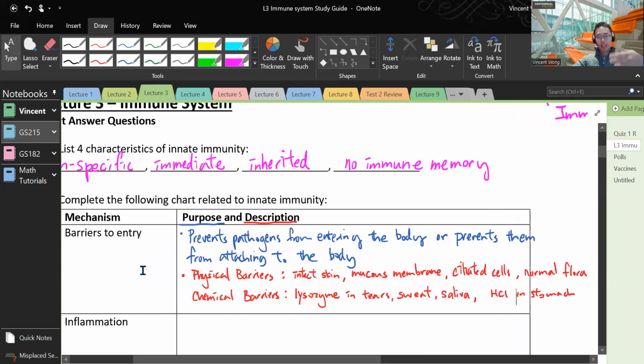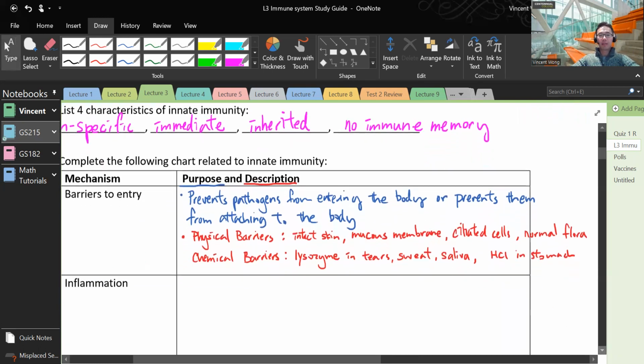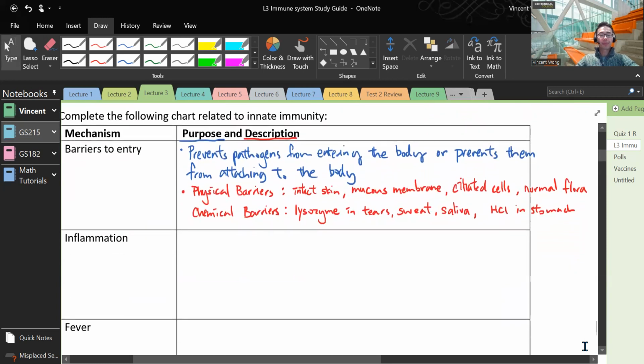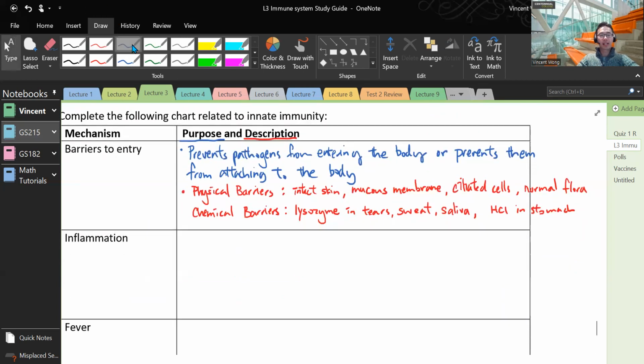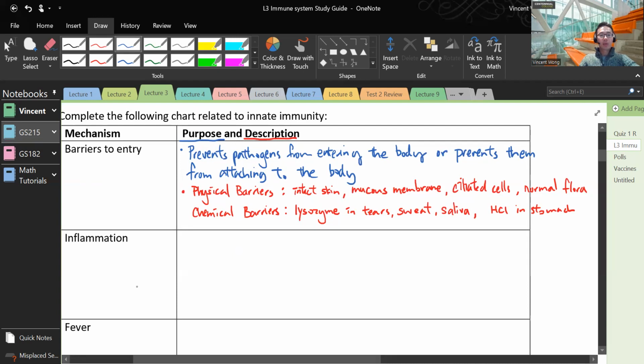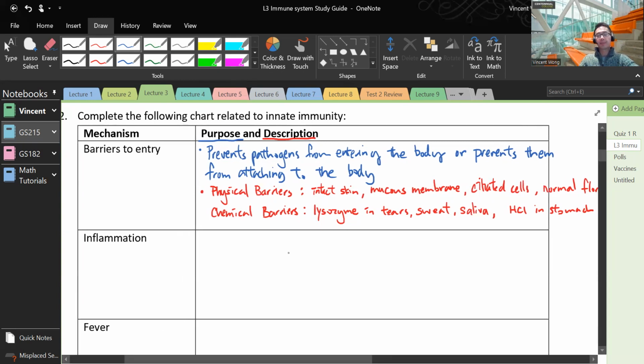So these things should keep the bad guys out, but of course they're not perfect. If they were perfect, we would never get sick. But as you know, inadvertently, we do get sick every now and then. So when they do come in and establish a foothold, we have other mechanisms to try to get rid of them before they cause too much damage.